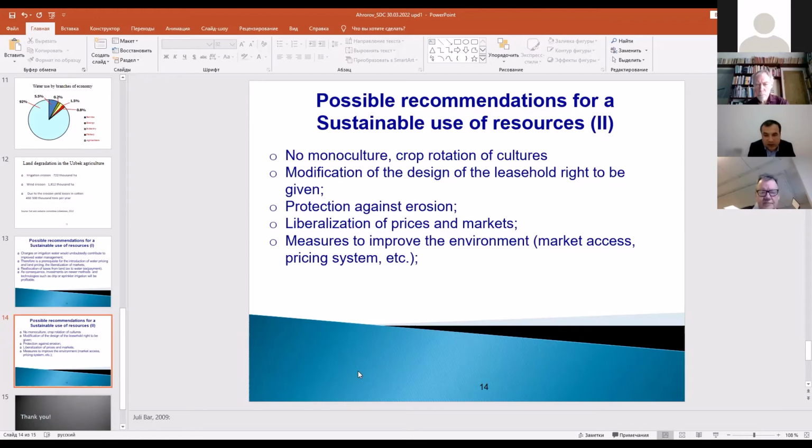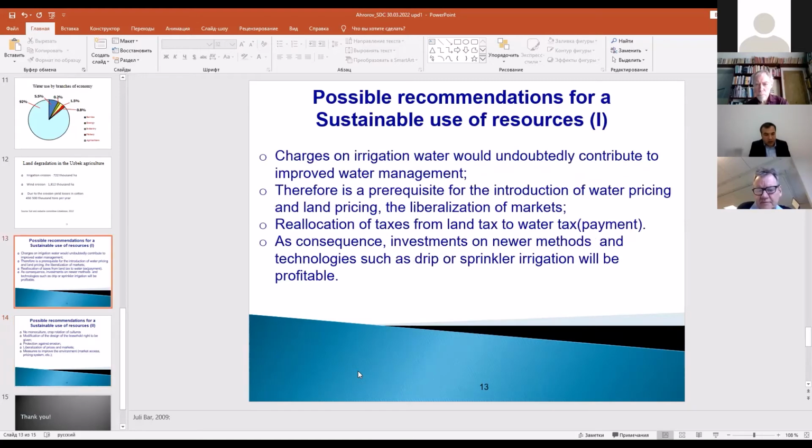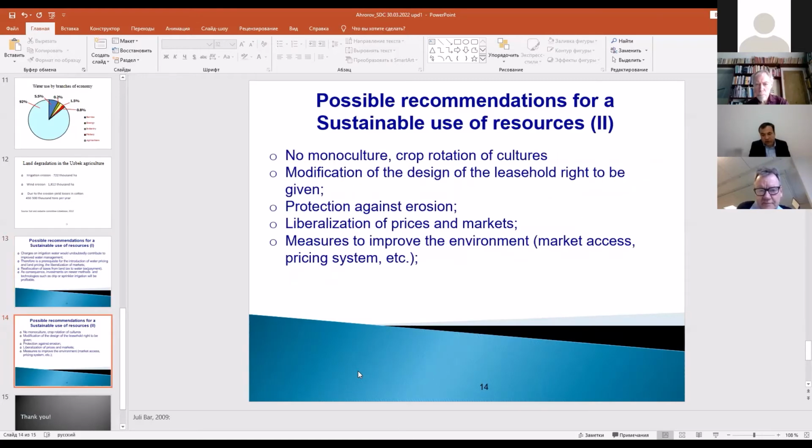Other measures are liberalization of prices and markets, and measures to improve the environment should be taken for sustainable use of resources. So these are briefly about agriculture and its impact on sustainable use of natural resources in Uzbekistan.